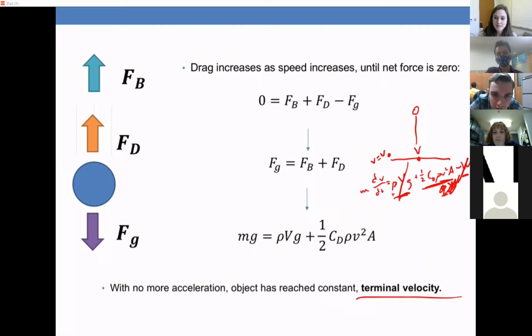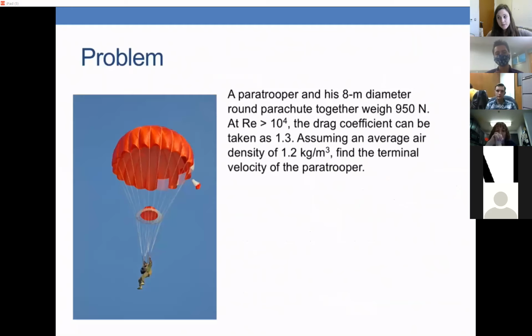All right. All righty. So now we have an example problem. Here we've got a paratrooper and his parachute. We've got a round parachute, and I already looked at that drag coefficient table that I showed you before and found a drag coefficient for a round parachute.